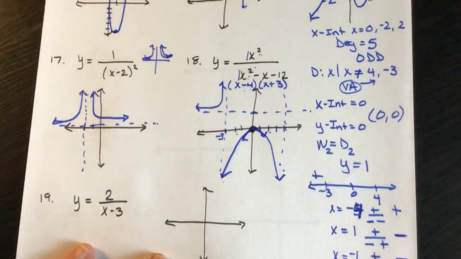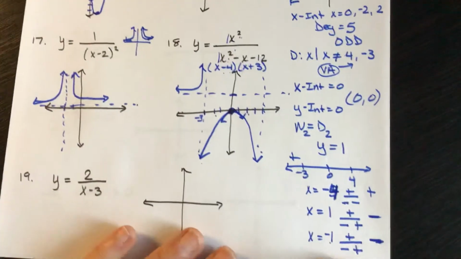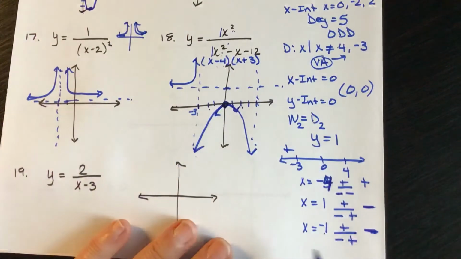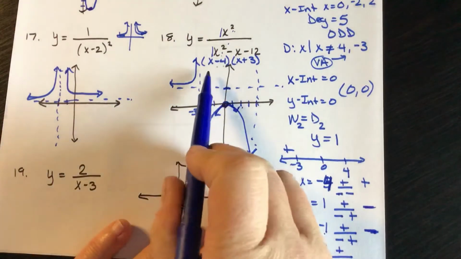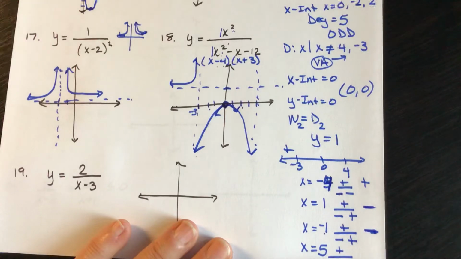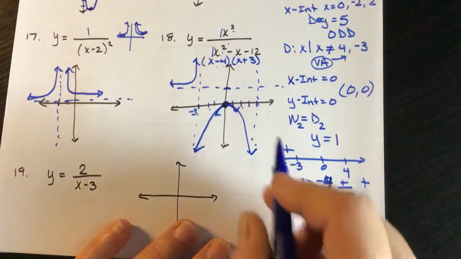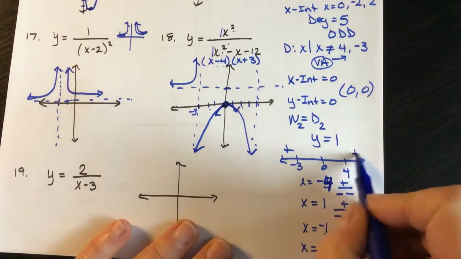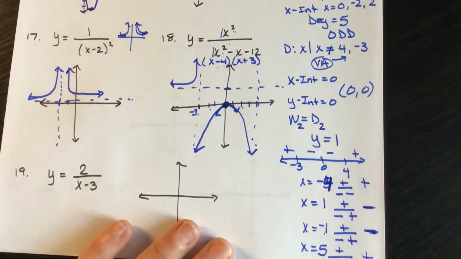It's like a parabola. And to the right of 4, let's pick 5. So if x is 5, 5 squared is positive. 5 minus 4 is positive. 5 plus 3 is positive. All those values are positive here. These are both negative.